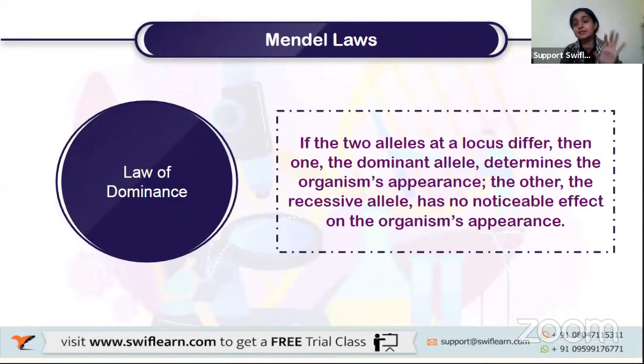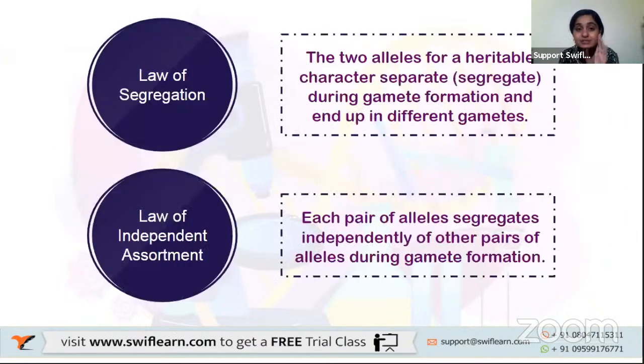If you just remember this matrix, even if you get a single chromosome of the dominant one, you will have the dominant trait, and the other traits will hide, and there will not be any noticeable effects on the organism's appearance.